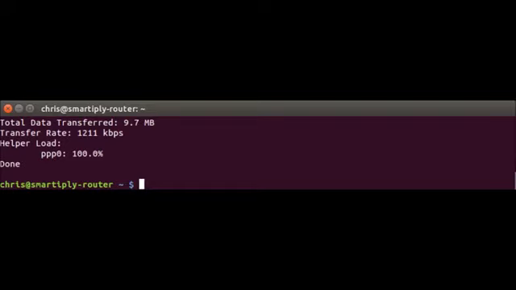The Smartiply software running on the router can give us some statistics about the data transfer that just happened. So we can see that the total data transferred in this video session was just under 10 megabytes, and the transfer rate was only about 1200 kilobits per second.